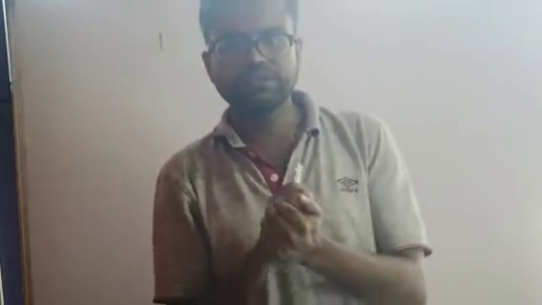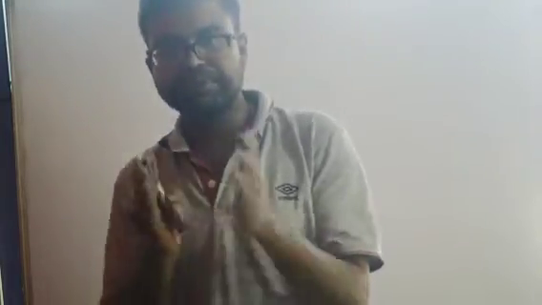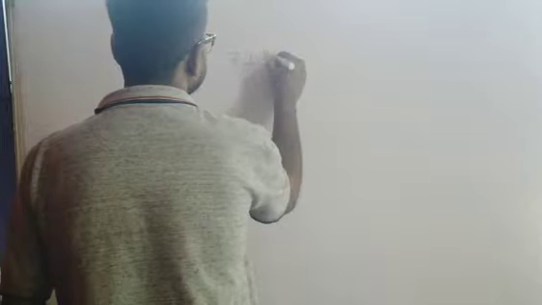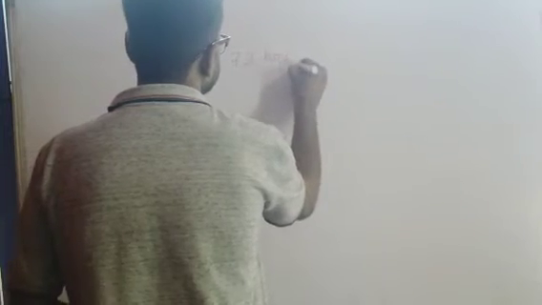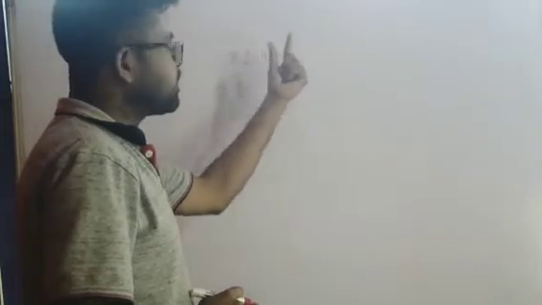Now, what I was saying is that you have to convert from one particular unit to another. As you know, the SI unit of speed is meter per second. Suppose you are given the speed of an object as 72 km per hour, and this has to be written in the SI unit meter per second.